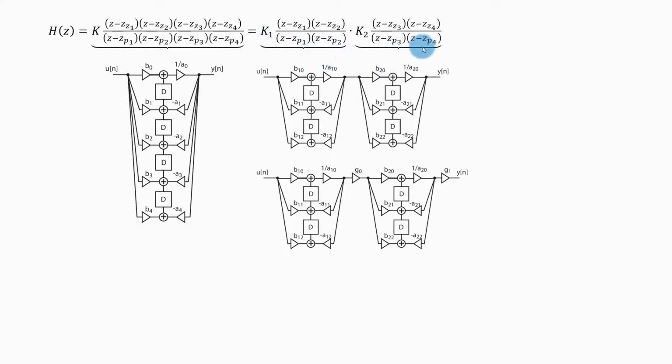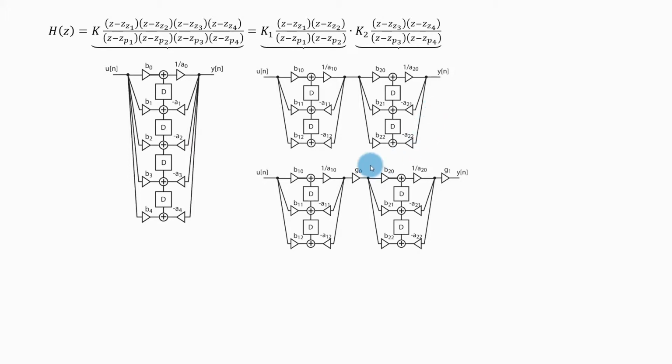And this product of 2 2nd order transfer functions is equivalent to the series combination of these 2 2nd order filters, these 2 2nd order sections. This structure and this structure are theoretically equivalent, but this structure has better numerical properties. It is less susceptible to various rounding errors.